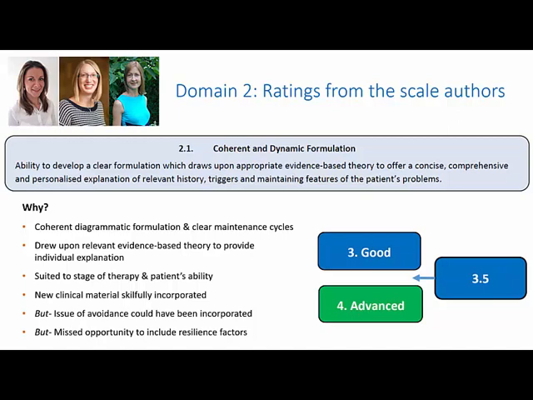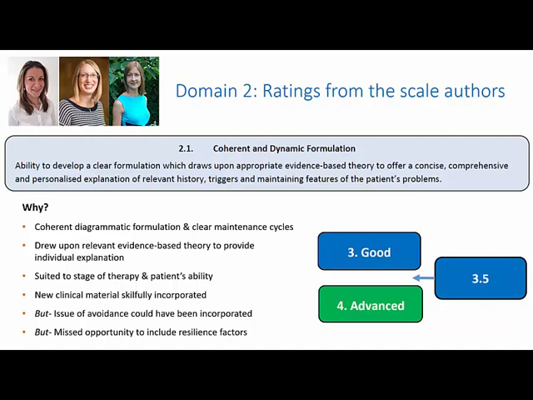The reason that we gave a 3.5 rather than a 4 was two factors. One was that avoidance seemed like a really big part of the current problem for this particular patient. Within the session, they spent a lot of time talking about giving up avoidance and beginning to engage with the thoughts and feelings that the patient was experiencing as part of the treatment strategy at this point.